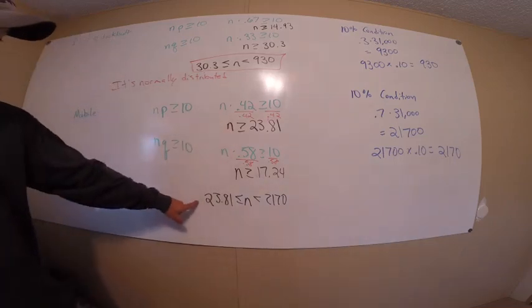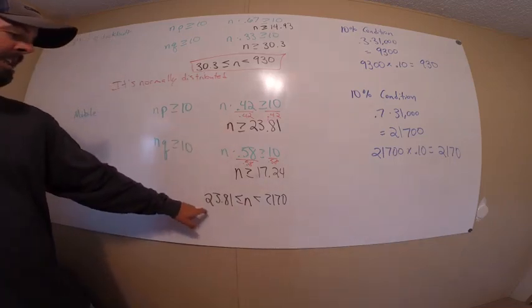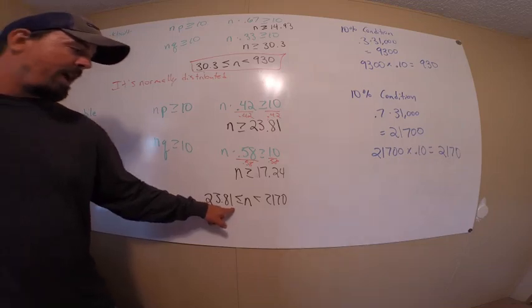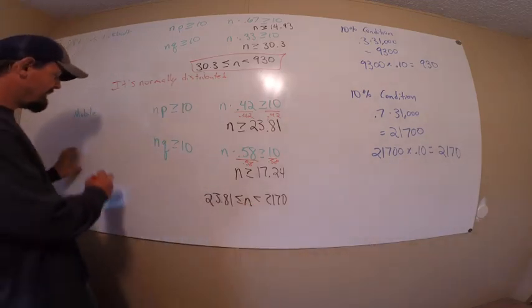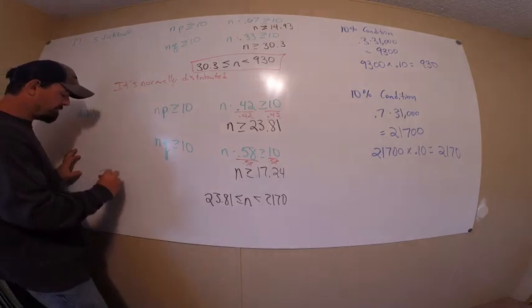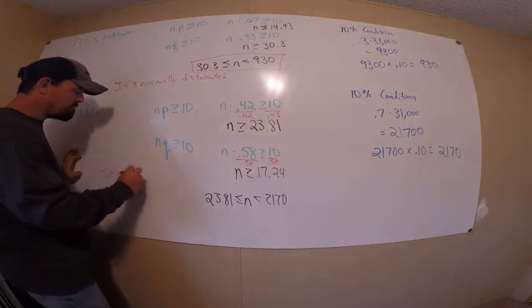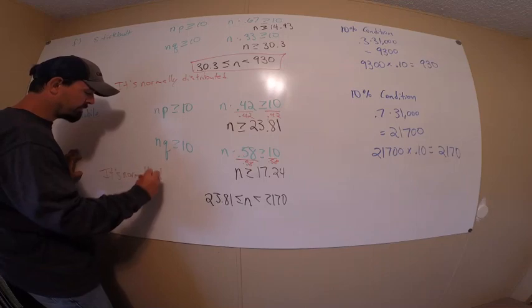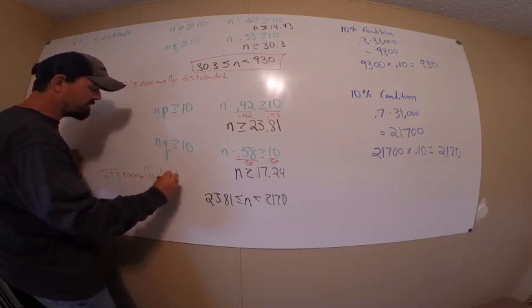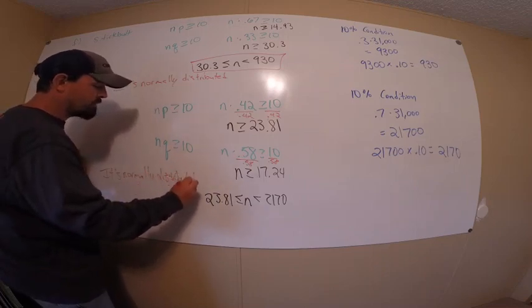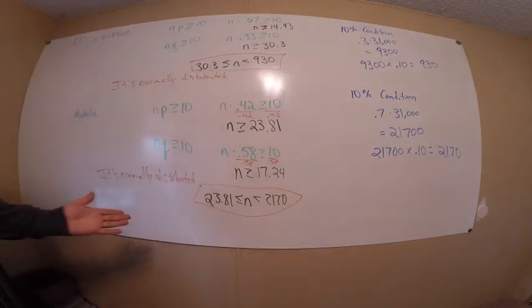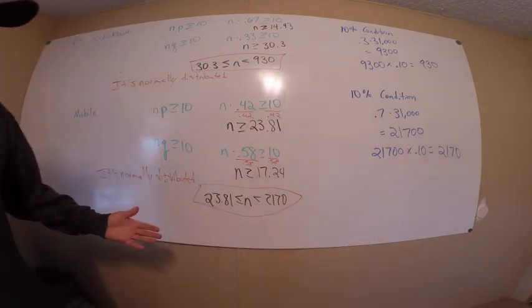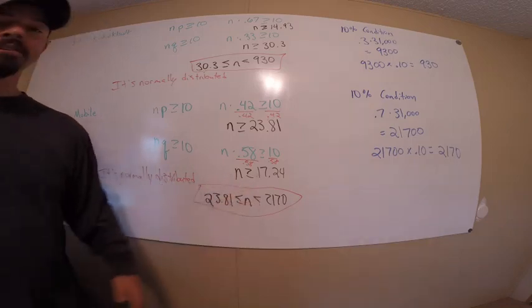So as long as n is greater than or equal to 23.81 and less than 2,170, I can say it's normally distributed. Any other numbers, and it won't be normally distributed. Like I said, n has to be a whole number, so it has to be somewhere between 24 and 2,169.